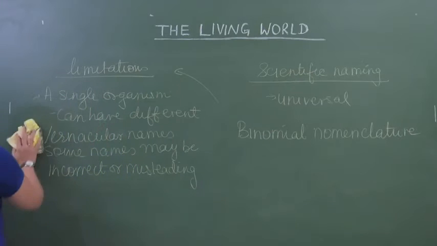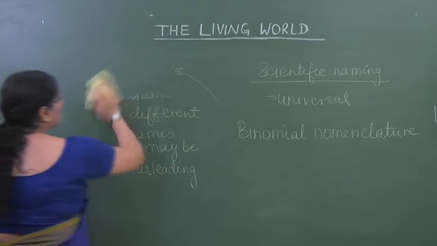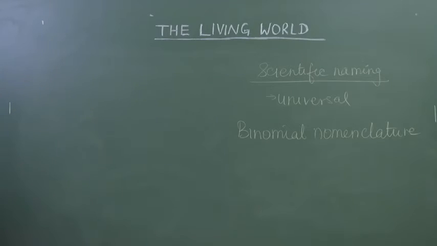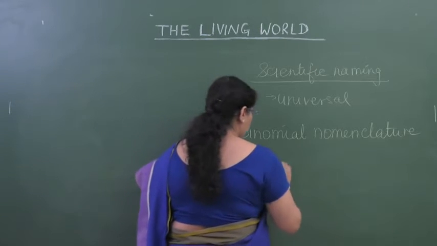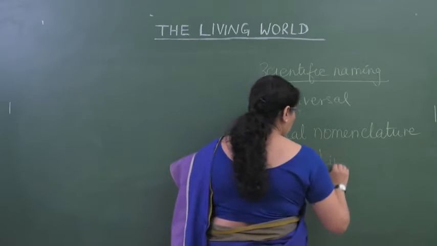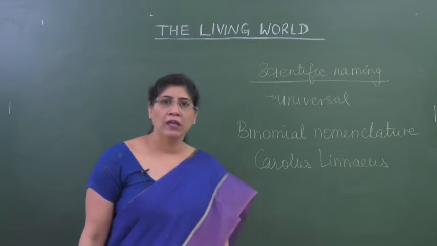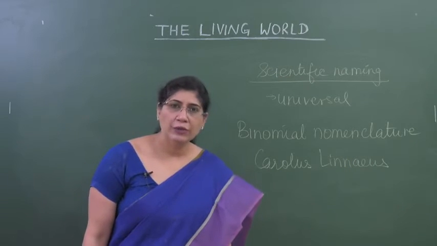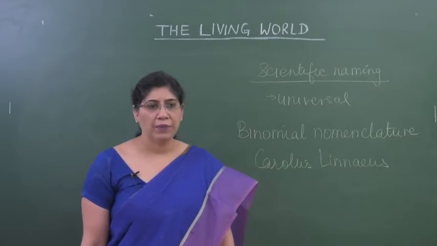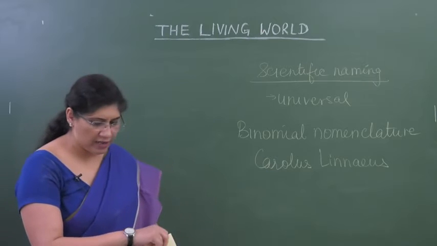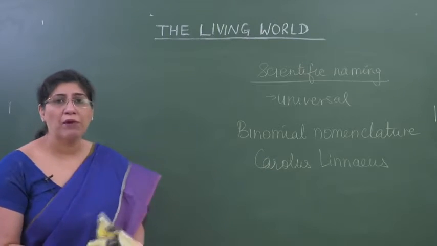The scientific naming that we use is binomial nomenclature, which was given by Carolus Linnaeus. Binomial means two, right? So the name will have two parts. So let's look at binomial nomenclature and some of its features.